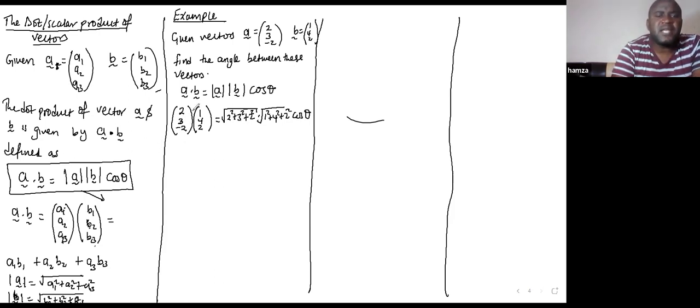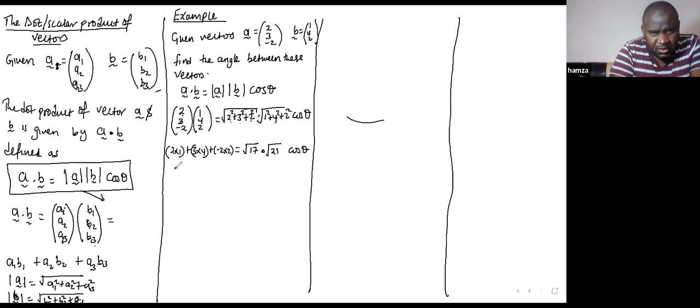When you multiply this side, it is a dot, so it is just 2 times 1, plus 3 times 4, plus -2 times 2, which is going to be equal to 4 plus 4, 8, plus 9, which is 17 under the root, times the square root of 16 plus 4, 20, 21, cosine of theta.